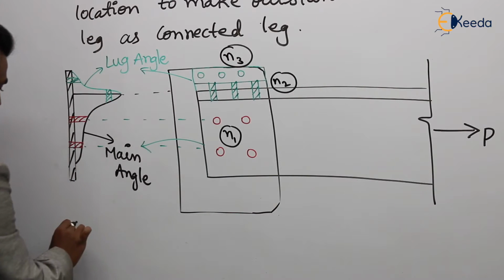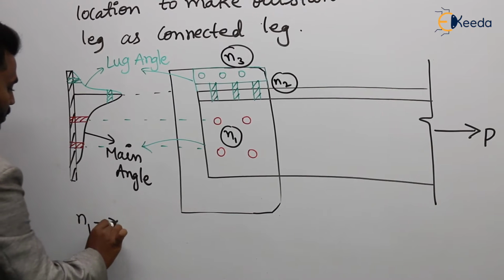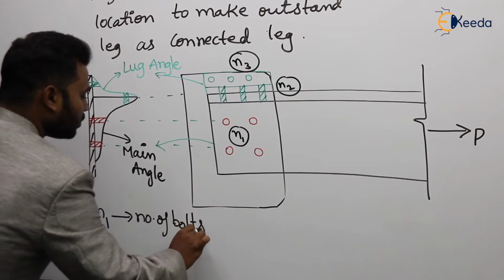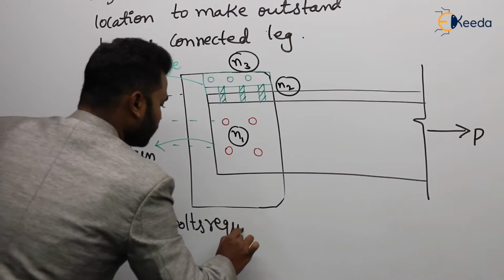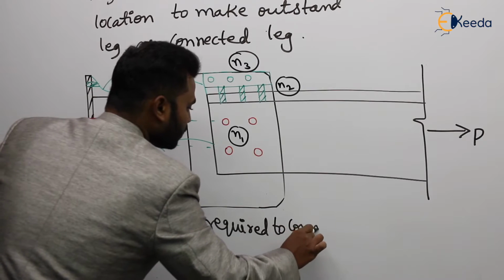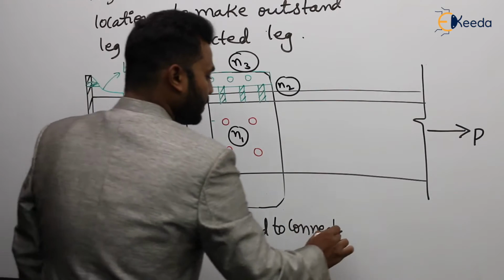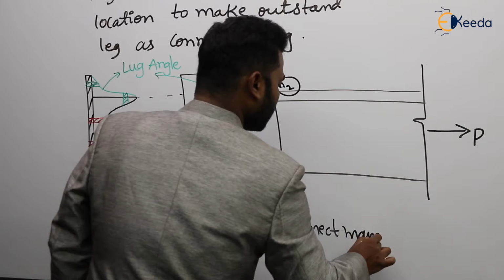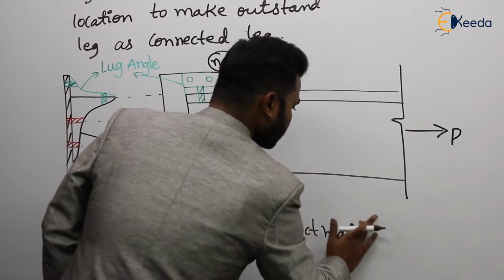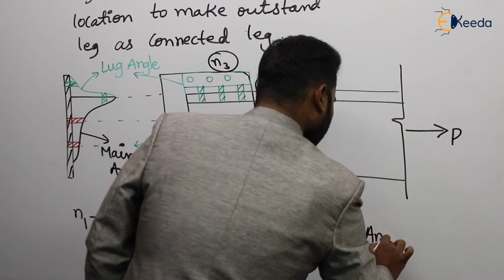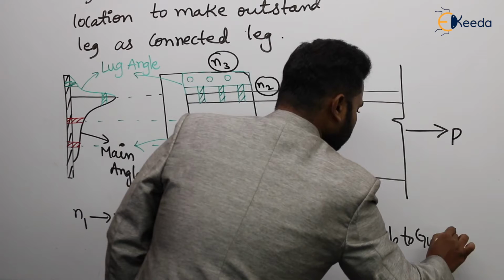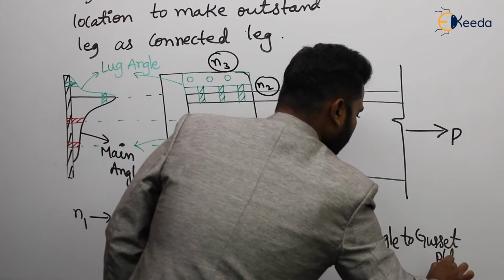So here I am writing N1: number of bolts required to connect main angle to gusset plate.